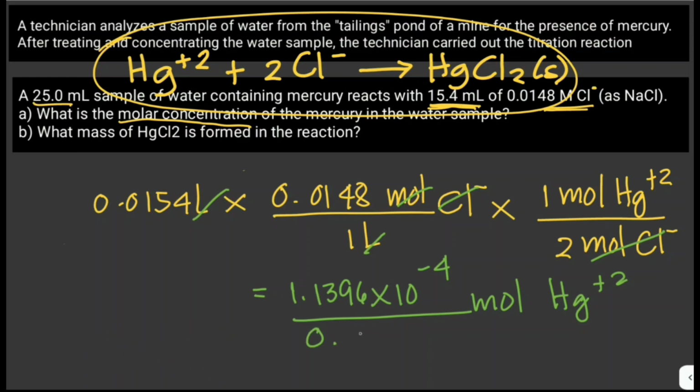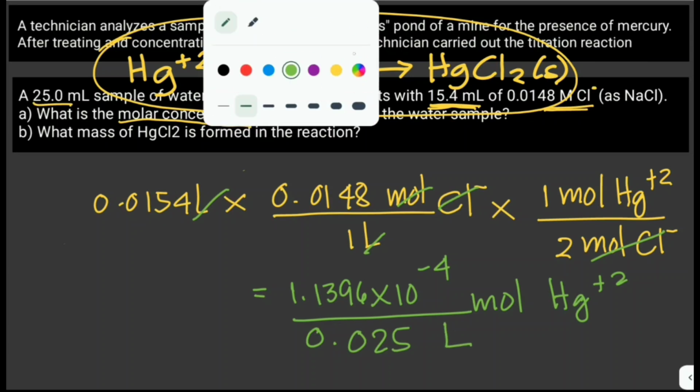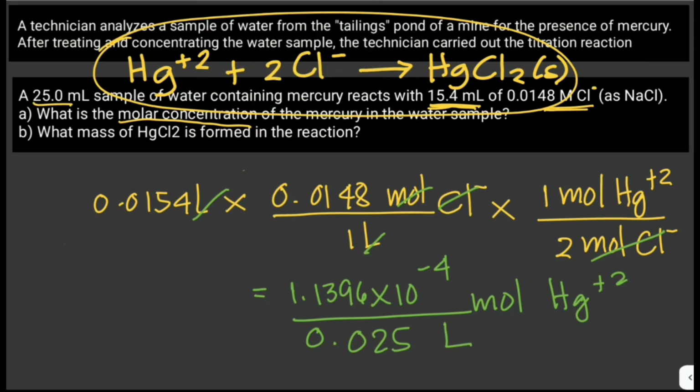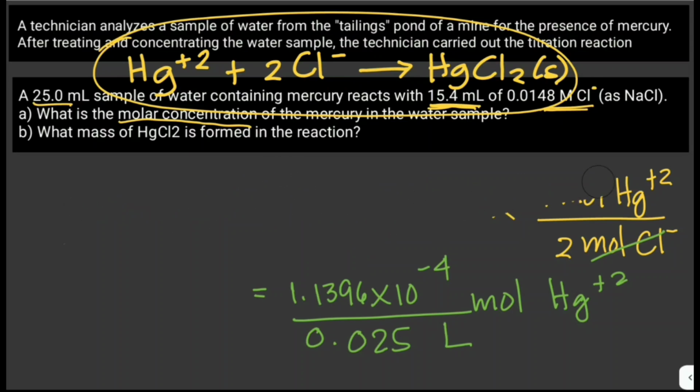So 1.1396 times 10 to the negative 4 divided by 0.025.